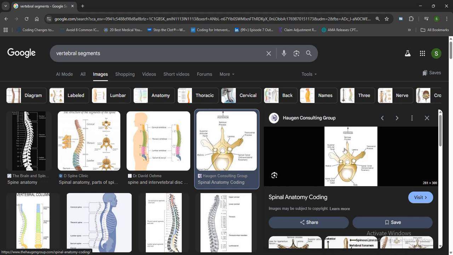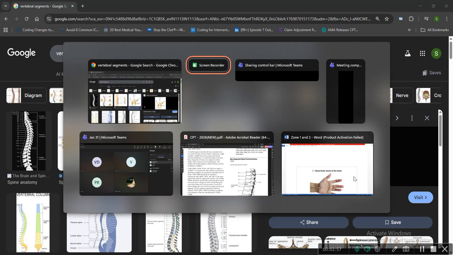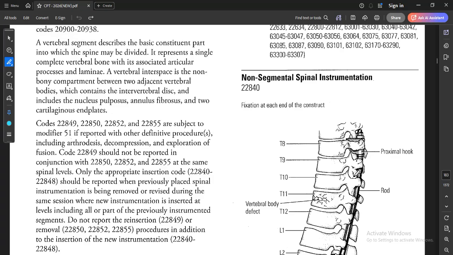This is the spinous process. This is lamina. This is pedicle. All this combination you call the vertebral segment. If the patient tells only vertebral body, only this area is the vertebral body. So that is the difference between vertebral body and vertebral segment.